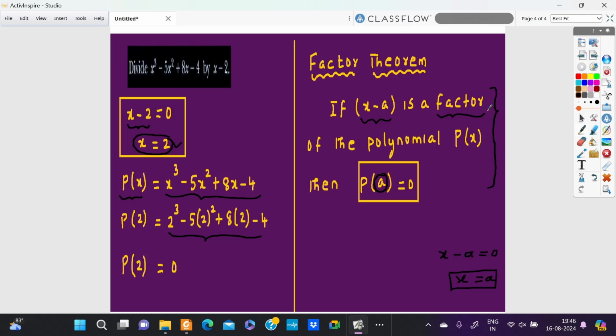There wouldn't be any remainder because the word factor means there is no remainder. So a cubic polynomial divided by a linear polynomial in this case, and we have seen that p of 2 is equal to 0, from which I would just conclude the factor theorem using a.